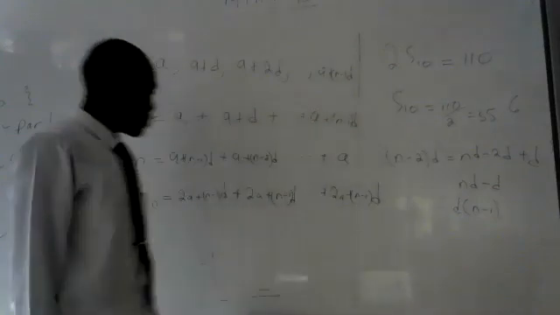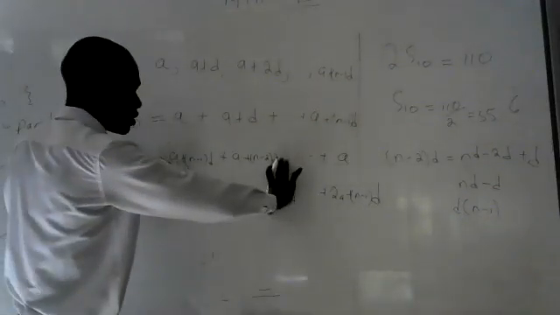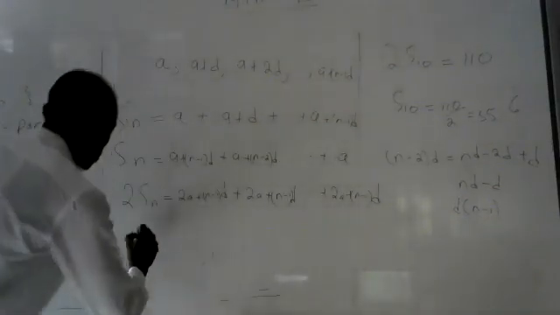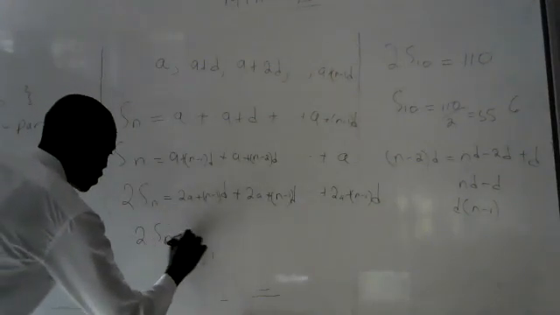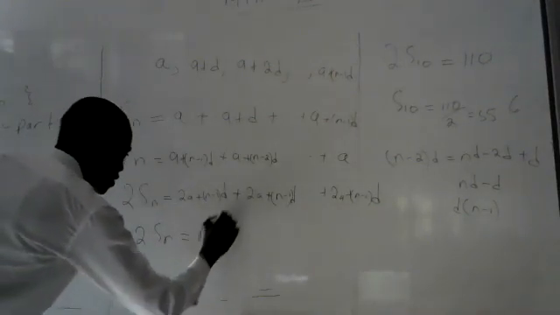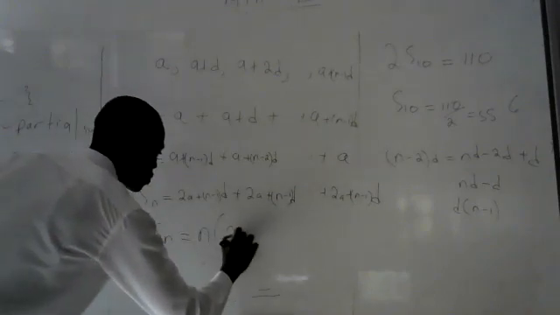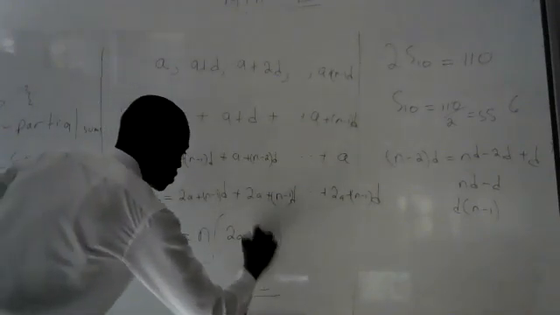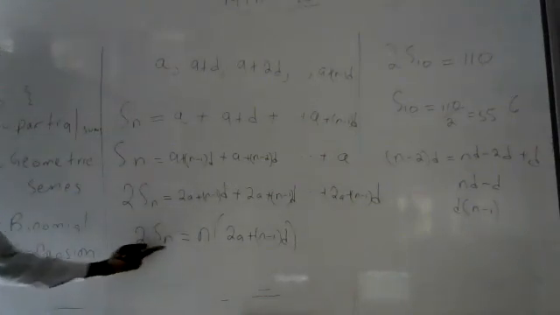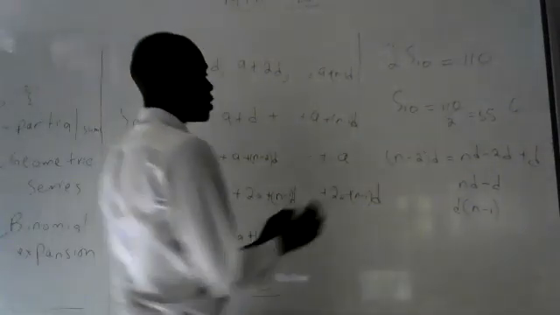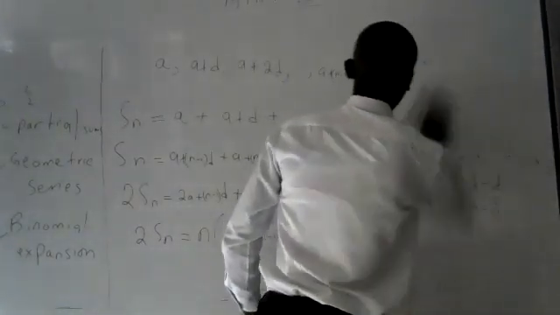So as we did before, there are n terms that we're adding here. So this simply means that twice Sn is n times this term, 2a plus n minus 1d. And now to compute Sn, just divide both sides by 2. And this is the formula that you need to remember.